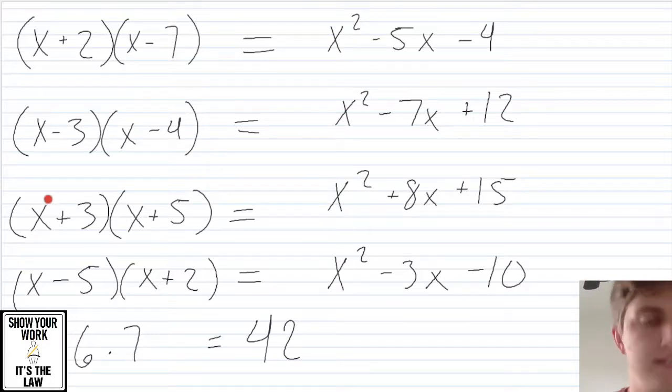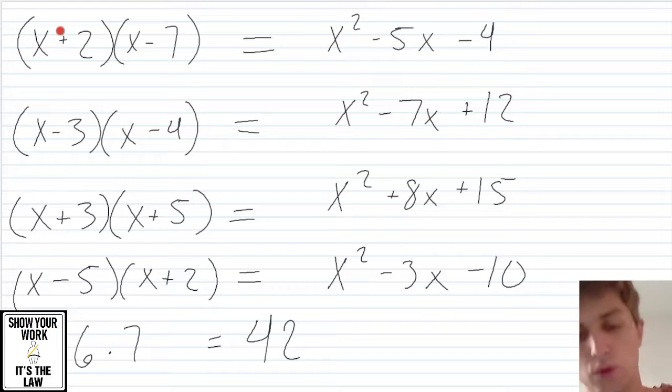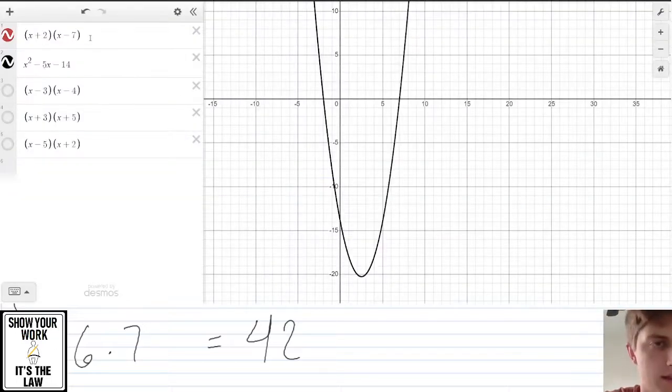So let's actually see what these things look like graphed. So we're going to go to Desmos. If we look here, you see I have our original 2 binomials being graphed, and I also have the final product trinomial being graphed. And as you can see, they're right on top of each other. So there are 2 ways of writing the same thing.